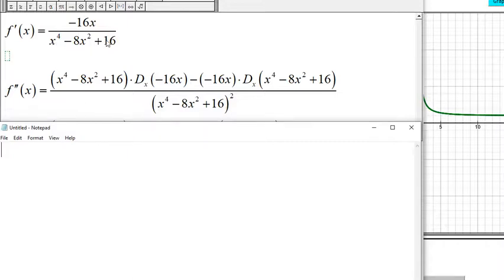It's going to be the bottom times the derivative of the top, which is the negative 16x, minus the top times the derivative of the bottom, all over the denominator squared. So this is the quotient rule.